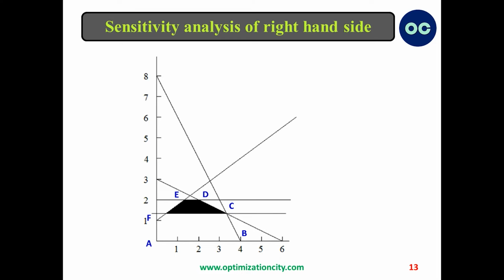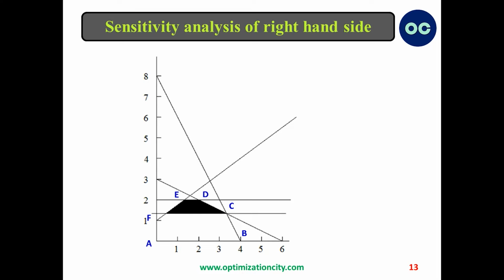Let's now examine the decrease in the right-hand side number of the redundant constraints. Because S3 and S4 are non-zero, constraints 3 and 4 are considered redundant. Let's focus on constraint 4 first. The diagram below illustrates that the constraint, line ED, can be reduced until it crosses point C without impacting the optimal solution.